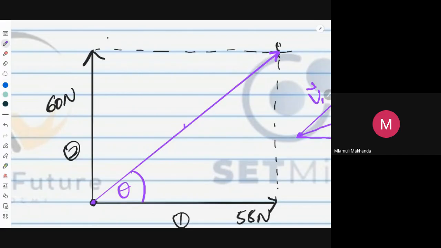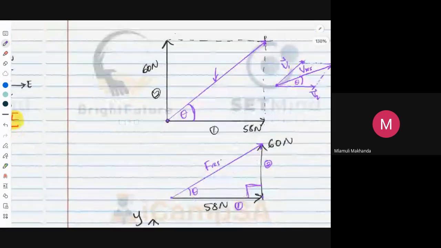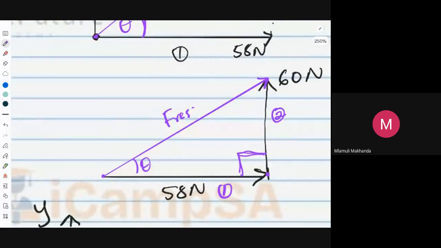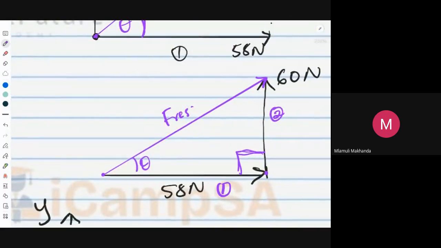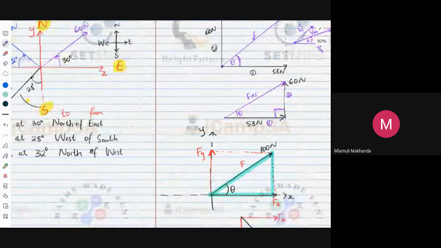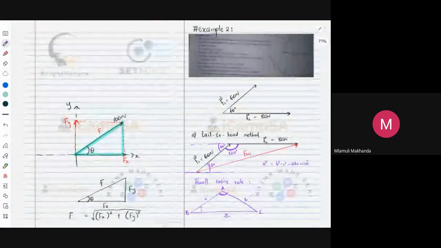You will measure the resultant using a ruler, like I showed you yesterday, right? And then you'll also have to measure the direction of that resultant using a protractor. So that's the difference you would note between your parallelogram method and this method where you're using tail to head. Okay, so that's basically everything that you need to know about 2D vectors.